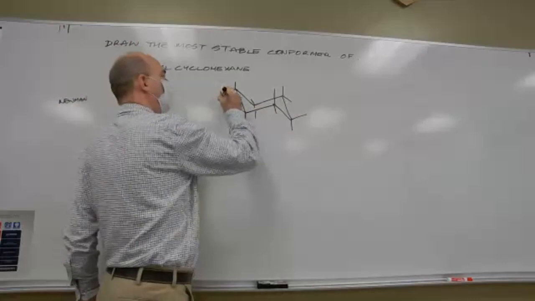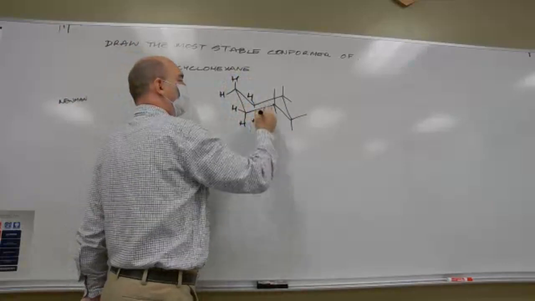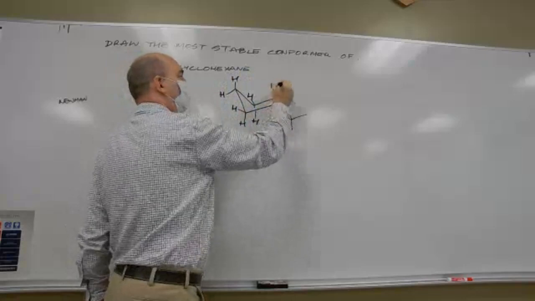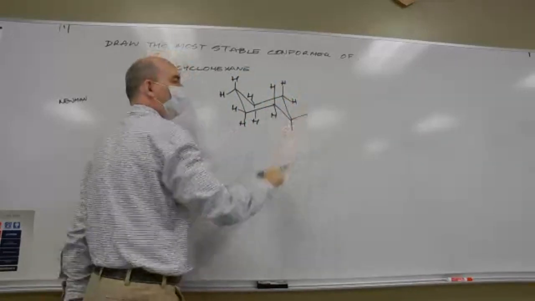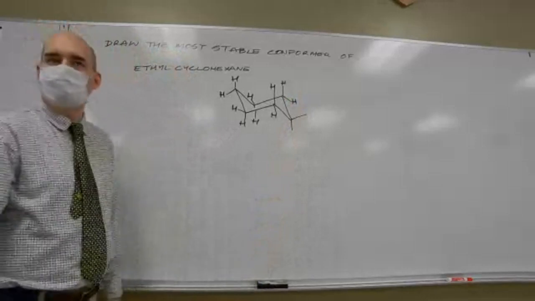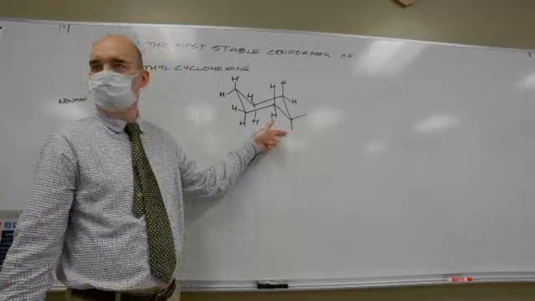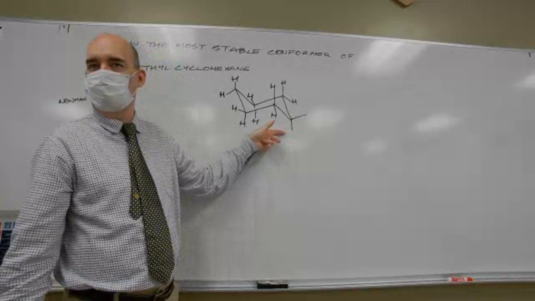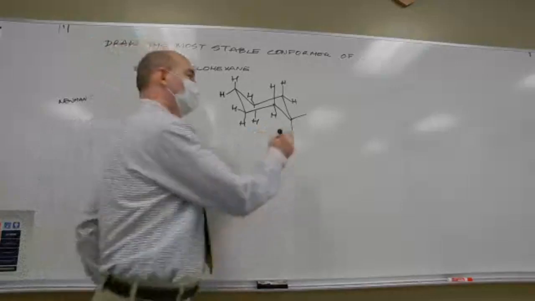Okay, so all of these are hydrogens. Some of them are axial, some of them are equatorial. One of those 2 positions gets the ethyl, one of them gets the hydrogen. What goes here, where my finger is pointing? What goes there? Hydrogen.